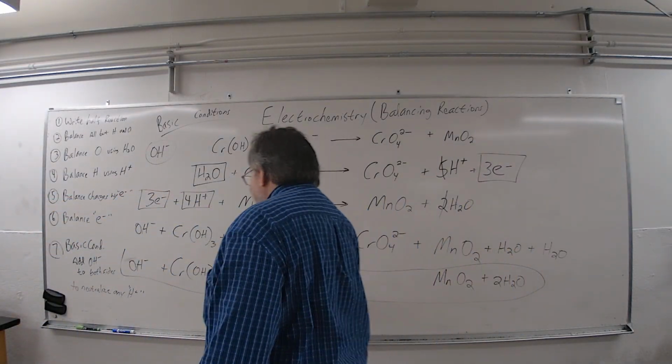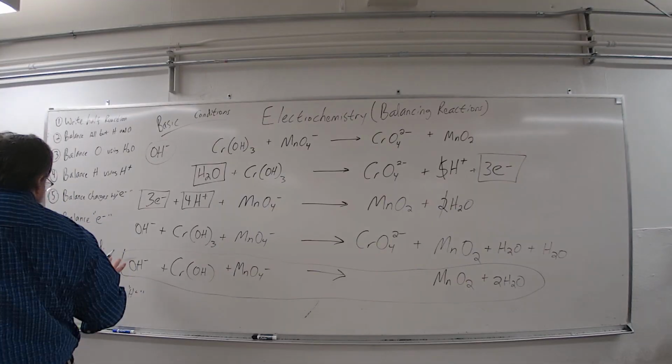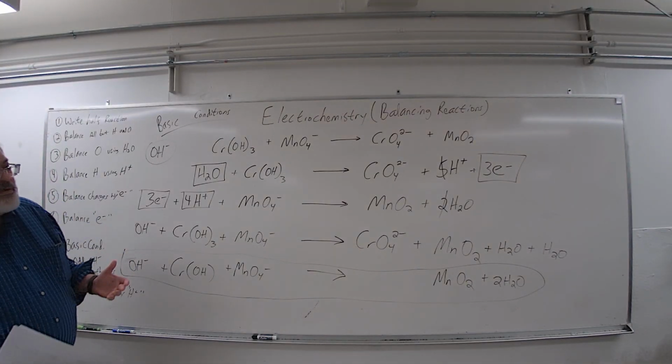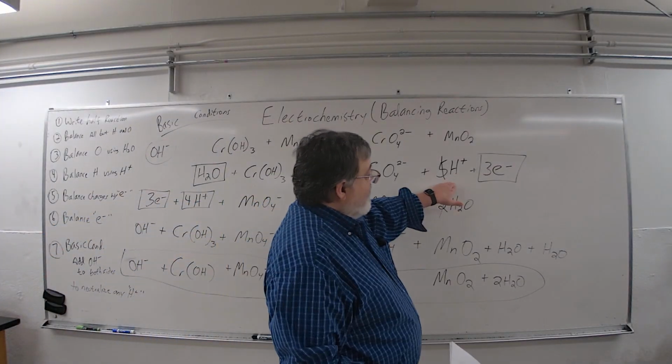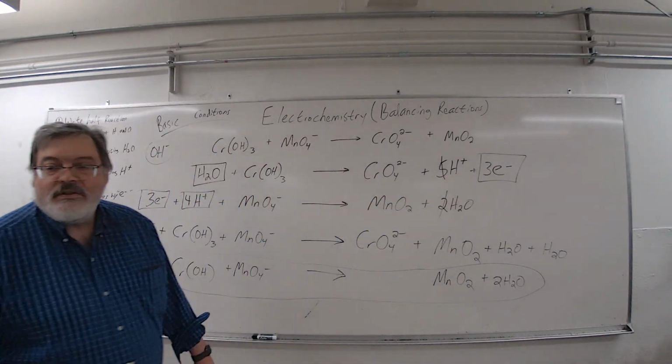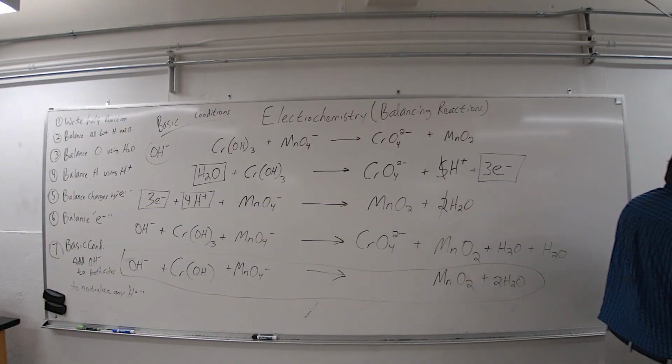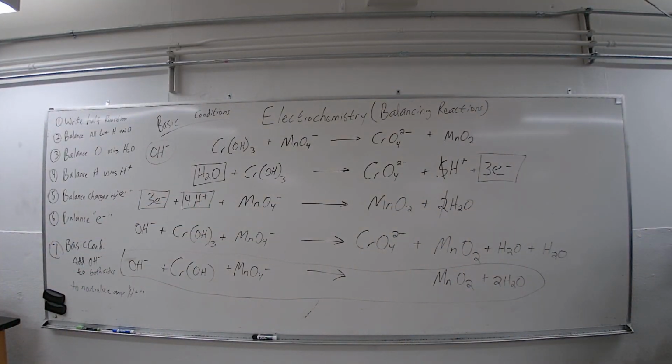So basic conditions, you just have one more step. You add OH to both sides, the same number of OH to both sides, but the number that you're adding is what you need to cancel the H plus. I just can't do those clean. I make that look harder than it is, I think.